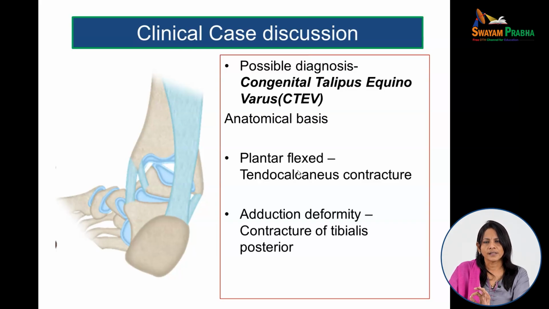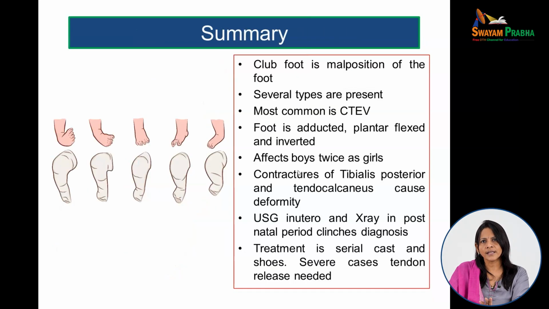So, to summarize, clubfoot is a malposition of the foot. There may be several types like talipes equinus, talipes valgus, talipes varus, talipes calcaneus. Whatever be the type, the most common is the congenital talipes equinovarus. So said because of the resemblance to the hoof of the horse.